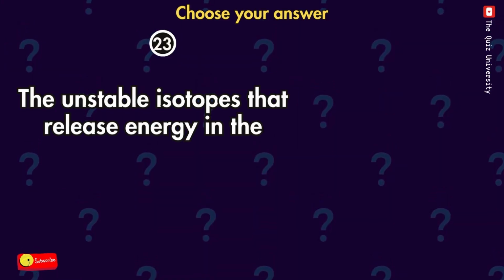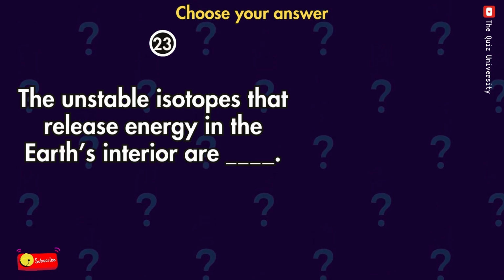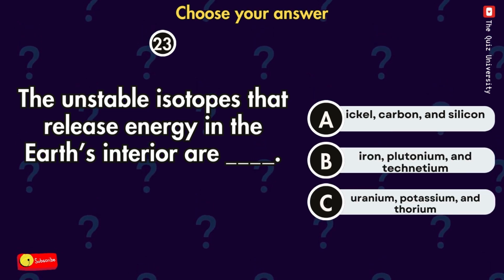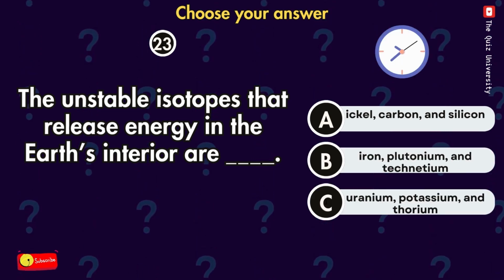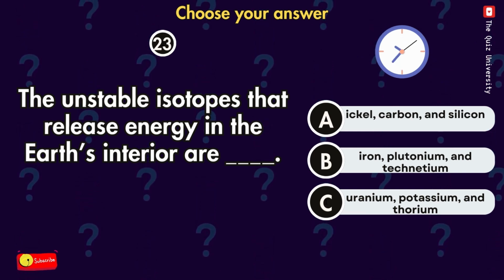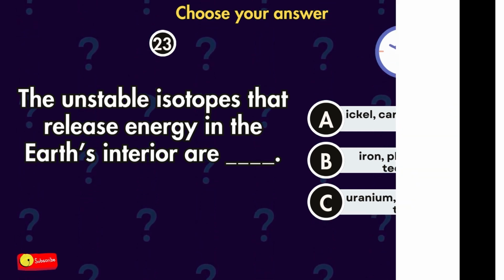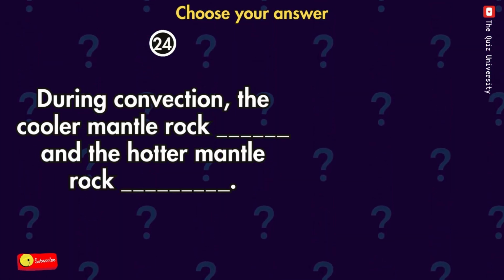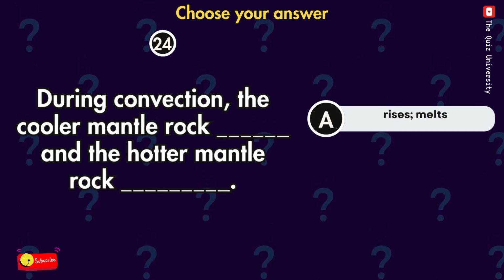The unstable isotopes that release energy in the Earth's interior are what? During convection, the cooler mantle rock blank, and the hotter mantle rock blank.